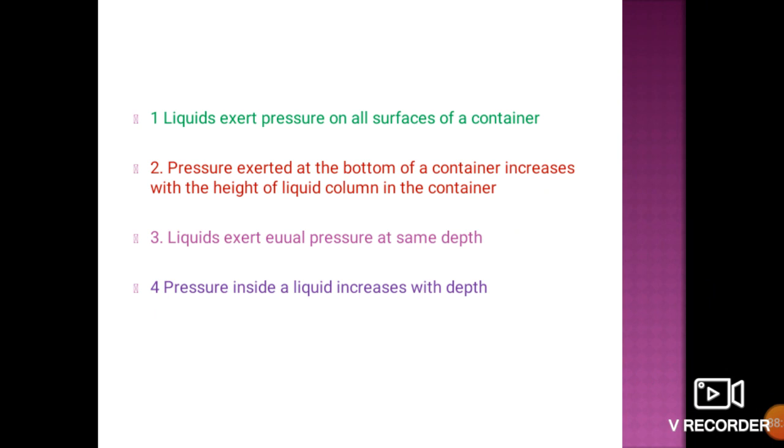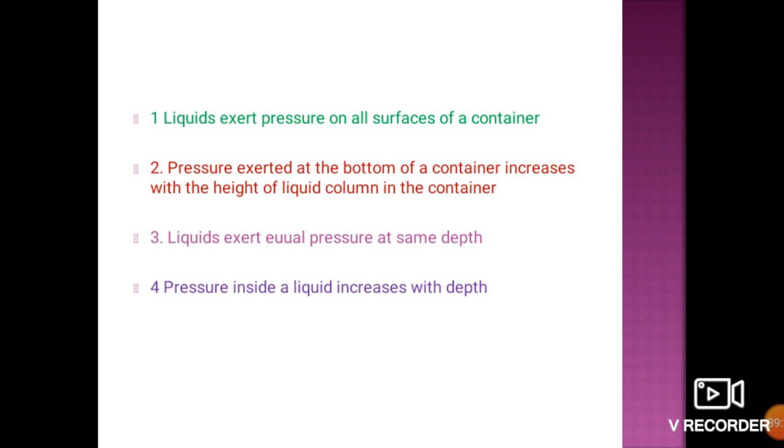So, what are the factors which we saw in the previous 4 activities of liquids? Liquid exerts pressure on all the surfaces of the container. Pressure exerted at the bottom of the container by the liquid increases with the height of the liquid column.